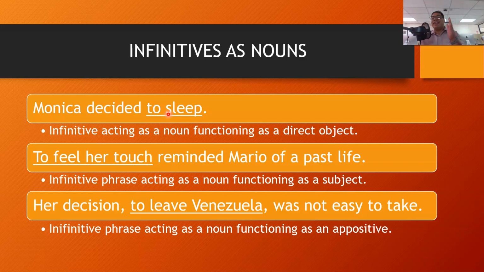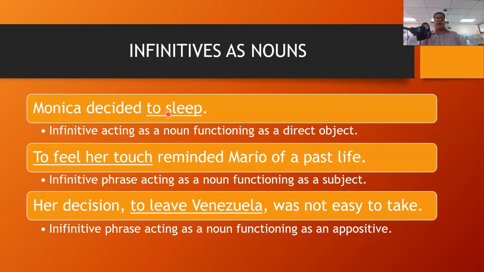It is right next to the word that it renames. Her decision, comma, to leave Venezuela, comma, was not easy to take. I ask you guys, what was her decision? To leave Venezuela. And what is to leave Venezuela? Her decision. So it is an infinitive phrase acting as a noun, functioning as an appositive.